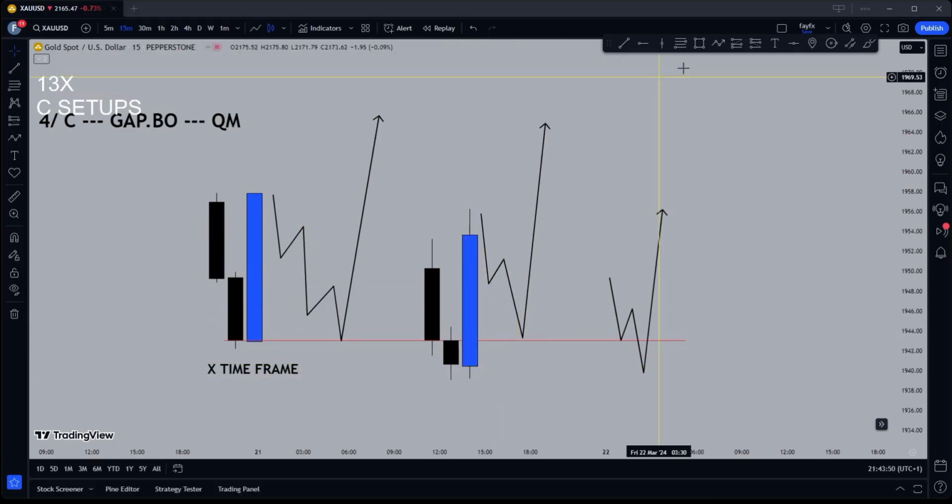Then when we go one time frame lower than this time frame, we will find a QM or head and shoulders. Let's draw it very quickly. We'll find something like this.